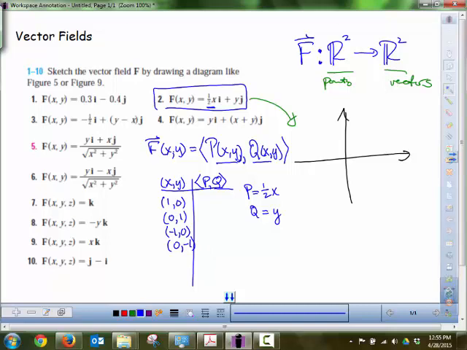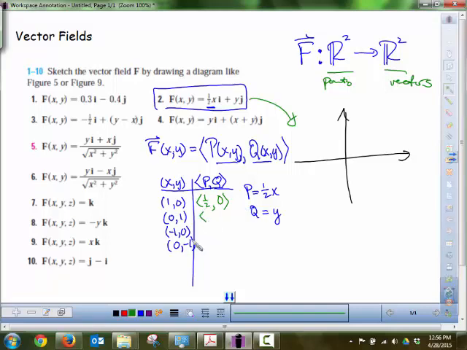When x is equal to 1, P is 1/2, and y is equal to 0, so Q is equal to 0. Okay?